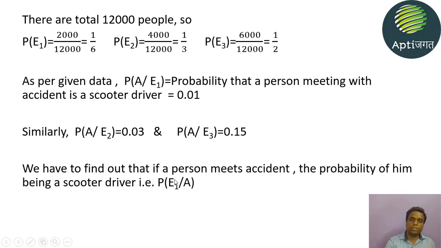For being a scooter driver, the event is E1, so E1 is written in the numerator and A in the denominator. How can we find it out? Yes, using Bayes formula.